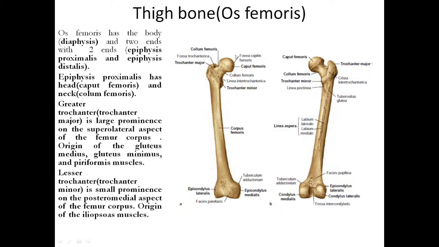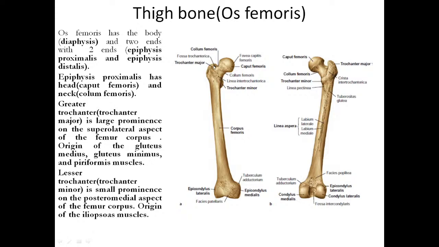Surrounding the caput femoris is located the collum femoris. At the base of the collum femoris are located two structures. You see trochanter major and trochanter minor.